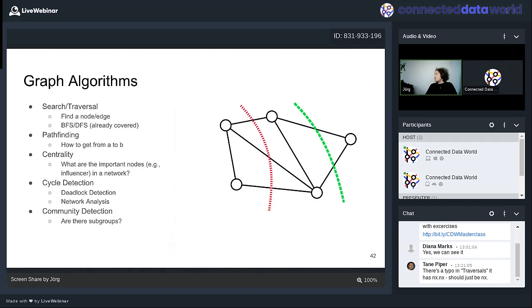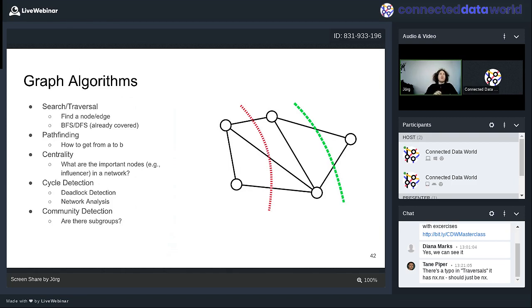If we have a heterogeneous graph with different node types, we might try to find an edge connecting a node of type movie with a node of type director because we are interested in the movie director pair. That could be a search or traversal problem.